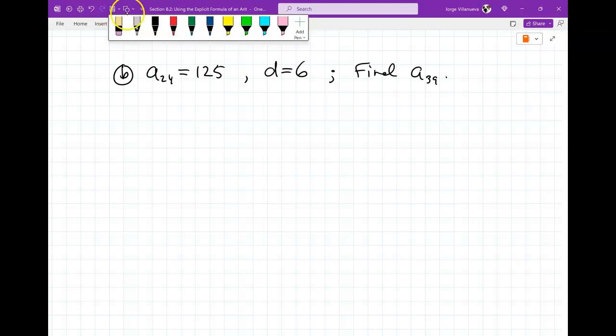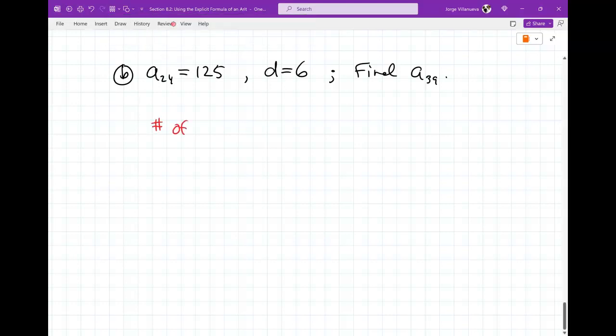The better way is going to be find your range. Okay, figure out how many steps you are away. So we already said how many steps away are we from here? Number of steps. How much? 15, right? So 15 steps. Now multiply 15 times d. So 15 times d is 15 times 6. That's 80, right?